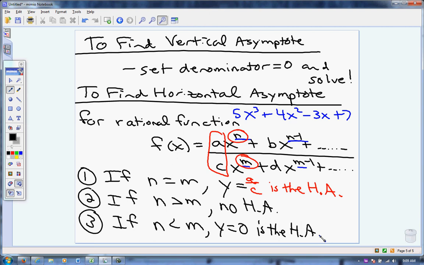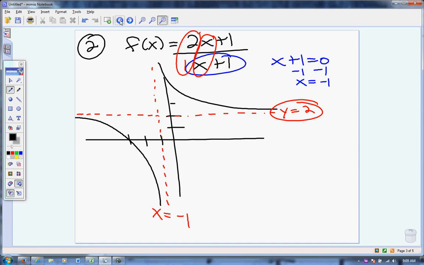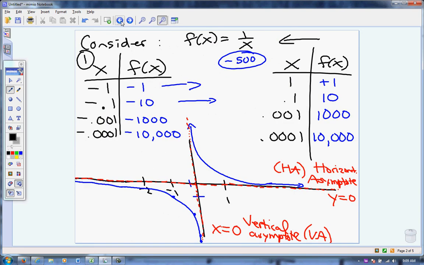And we already found that out. Let's remember our first example. Remember this one? Didn't we find out that the horizontal asymptote was y equals 0? Well, look. The top has a smaller power than the bottom. There's not even an x up there. We could say it's x to the 0 maybe.